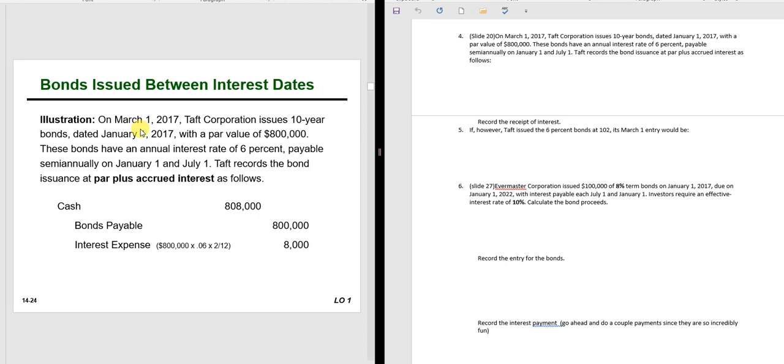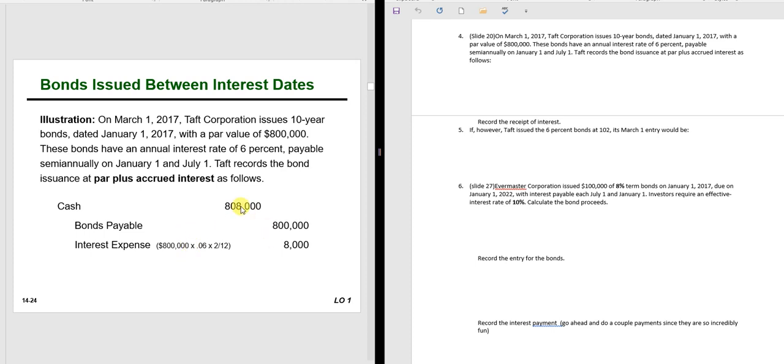So I add that to the purchase price. They have a par value of 800,000. Bonds payable is always credited for par value. The bonds have an annual interest rate of 6% and pay semi-annually. So 800,000 times 6% times 2/12 for January and February is going to be added to that.